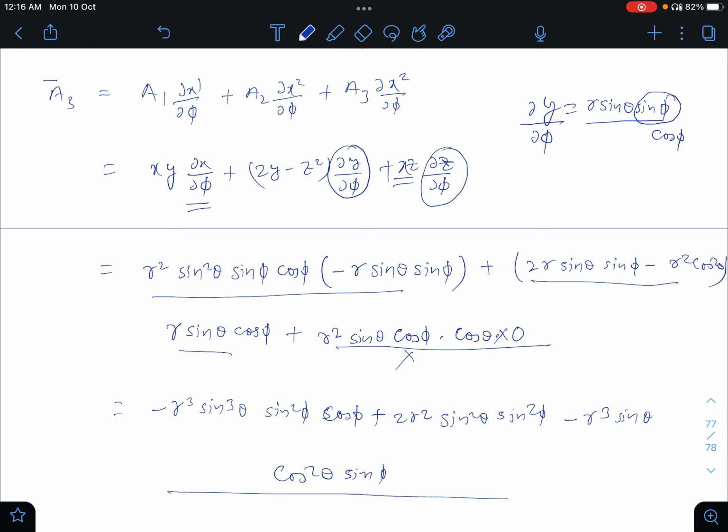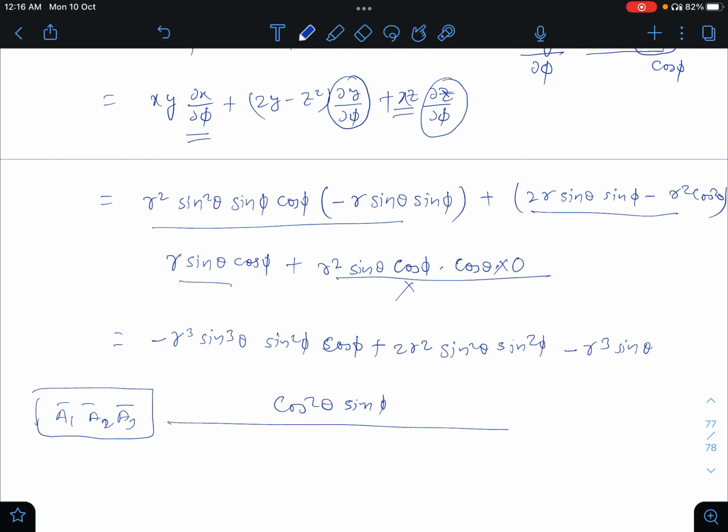So these are a1 bar, a2 bar and a3 bar. These are transformed into the spherical coordinate system. So this is the answer, guys.